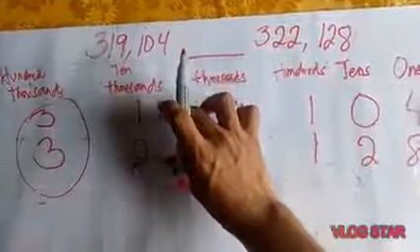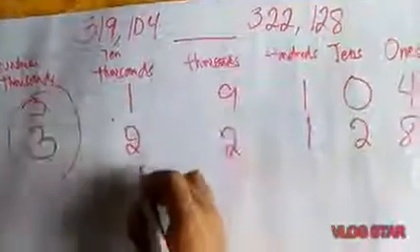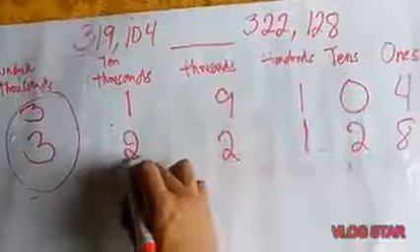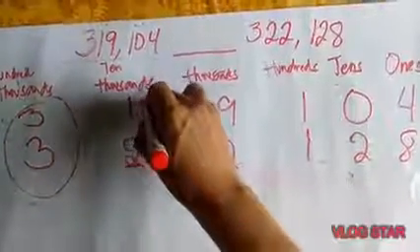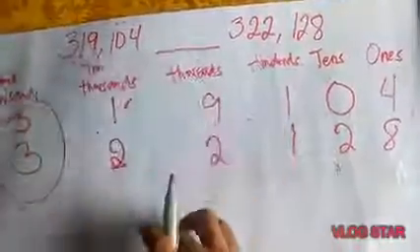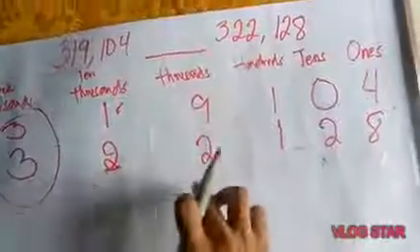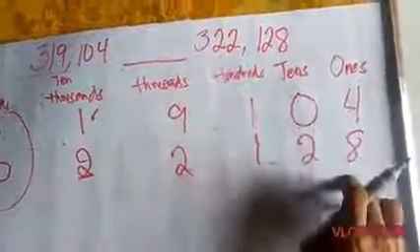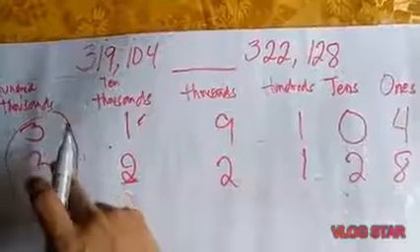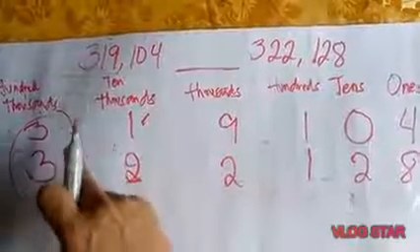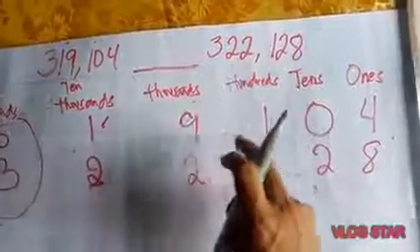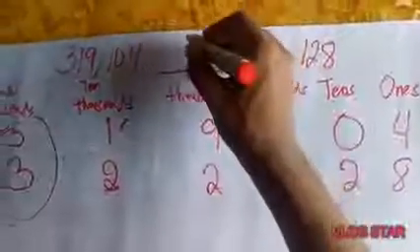As you can observe here, in 10,000, 2 is greater than 1. So meaning to say, 322,128 is greater than 319,104.